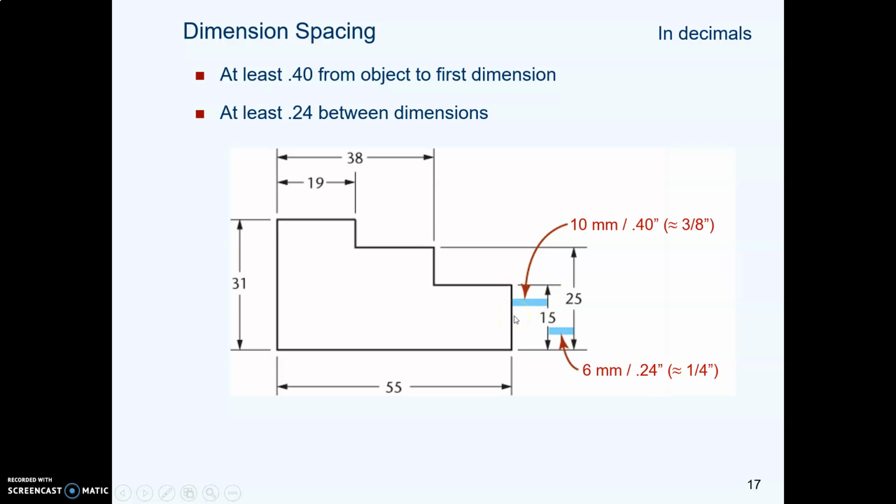Now, if you're scaling your part half size, quarter size or something, then you have to scale this distance so that when it's printed on the piece of paper, you wind up with at least 0.4 away from the object. Then subsequent dimensions, from the second dimension to the third dimension, must be at least 0.24 inches apart when printed.